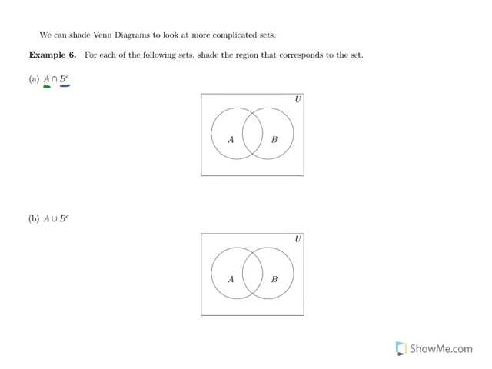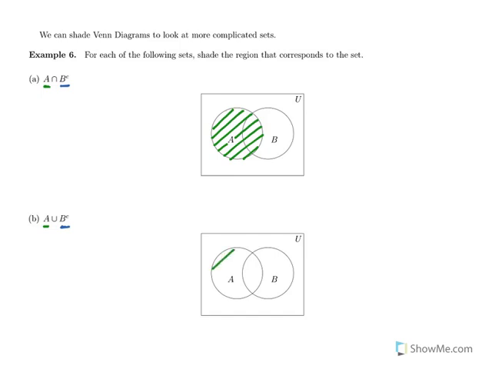Now we're going to put those together with either the union or the intersection. So shading A is just going to be shading everything in the circle A. B complement is everything that is not in the circle B.